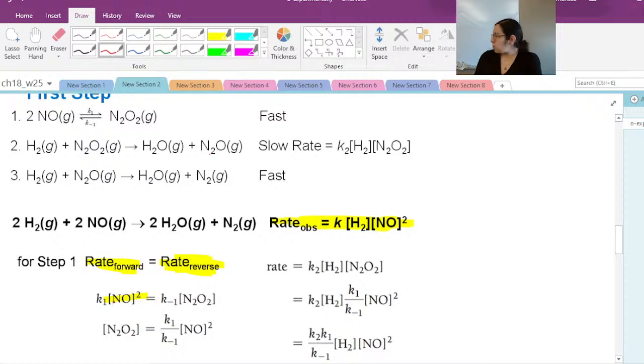So we're just calling K1 whatever our rate constant is, times NO squared, equal to, and we just set the reverse reaction to be K negative 1, times the concentration of N2O2. So this is your first expression.